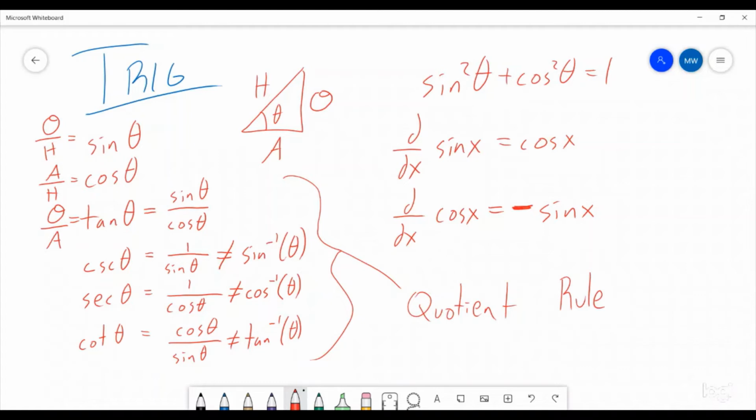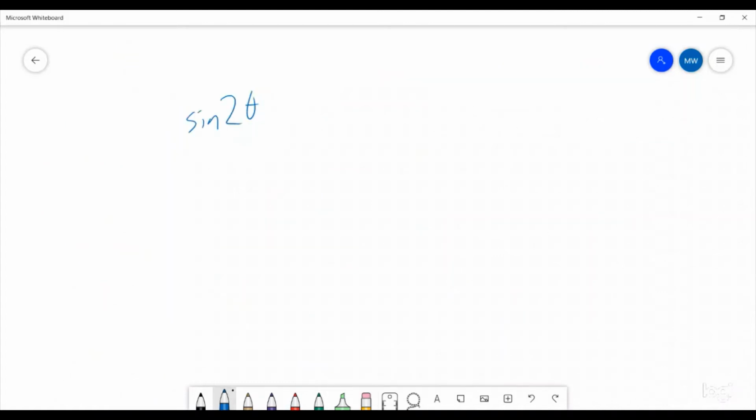Okay. The other trig functions, theta, two theta, fairly frequent, super often.